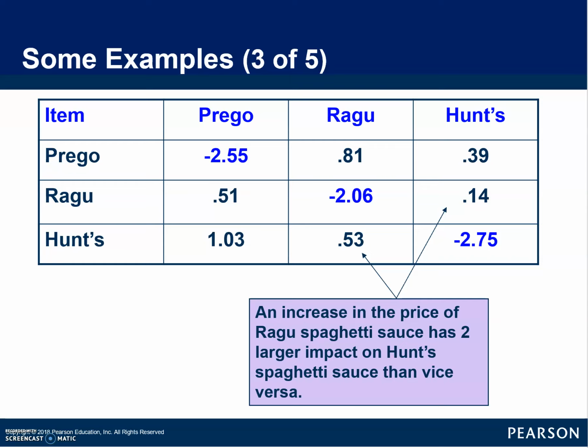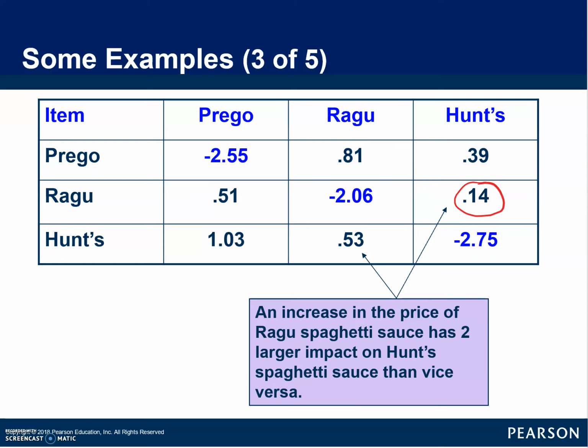So if we look at Hunt's compared to Ragu, we see that there is a positive number there that is an increase of 0.53. When Hunt's is compared to Hunt's, there's its own price elasticity. When Ragu is compared to Hunt's, we have a different elasticity because they're two different products. Even though we look at them from one direction, we're going to see an own price elasticity. So for example, here's Hunt's and Ragu.